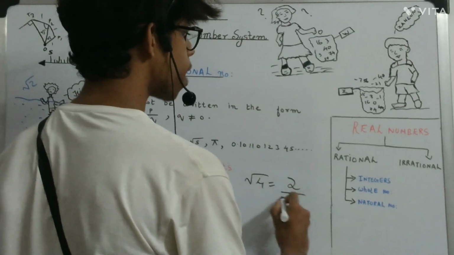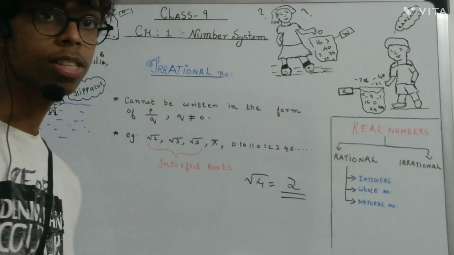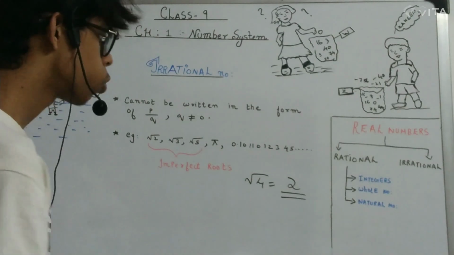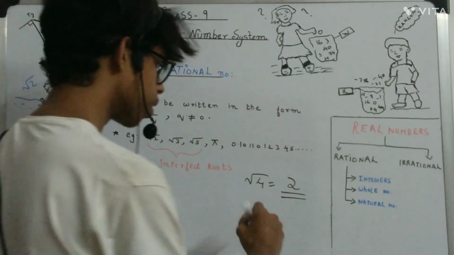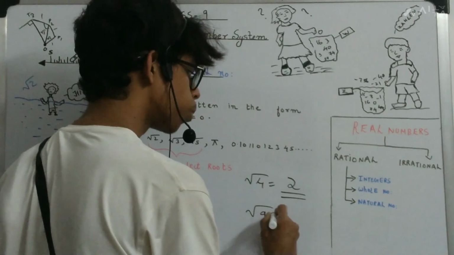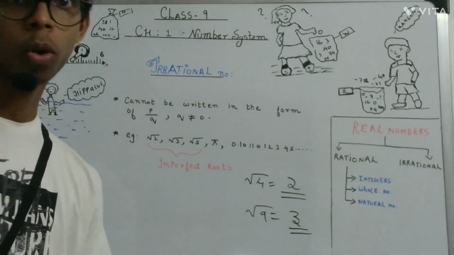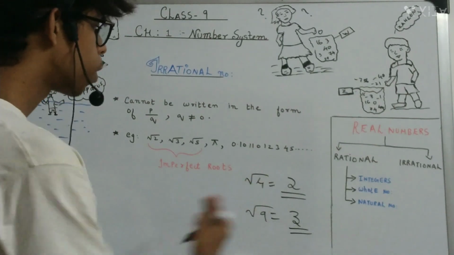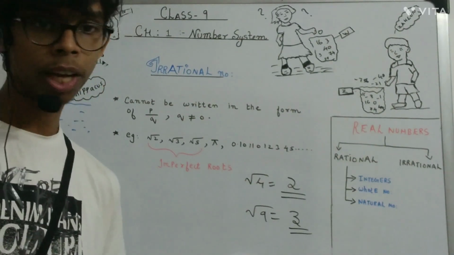So here we have got a rational number. The root of 4 is equal to 2, which is a rational number. So we cannot consider perfect roots as irrational numbers. Similarly, root of 9 is equal to 3, so such perfect roots cannot be considered irrational numbers.